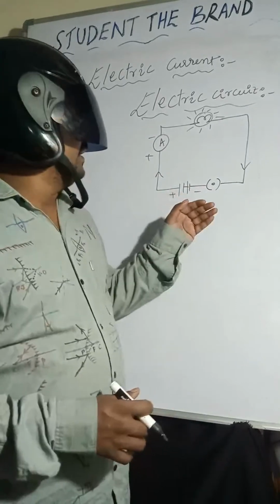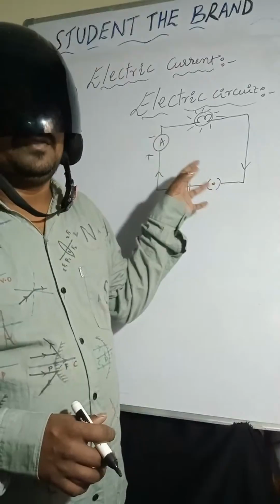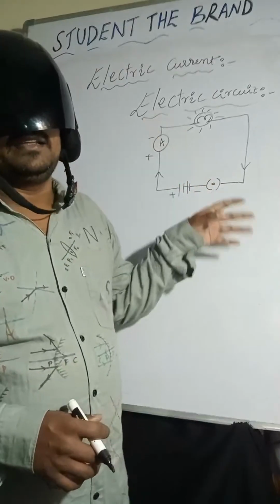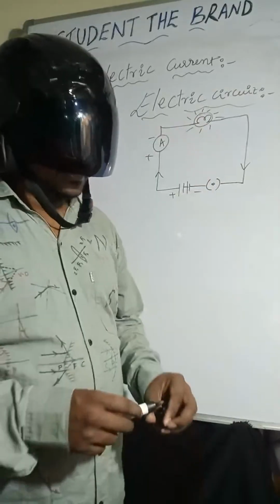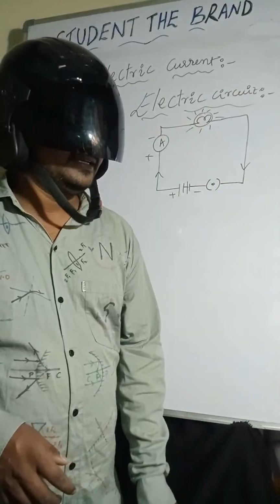Now you can see a continuous and closed path of an electric current is known as an electric circuit.